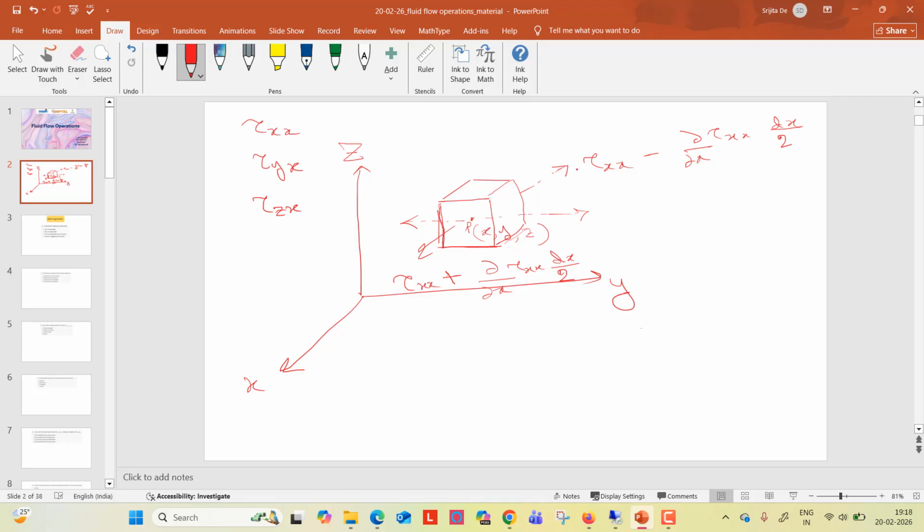In the positive direction, it is tau yx plus del y of tau yx, and the change is dy by 2, right?